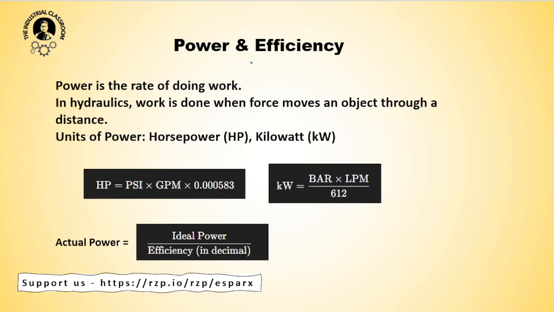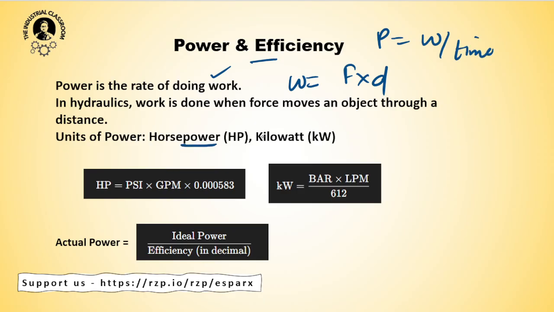Next, power and efficiency. Power is the rate of doing work. We have studied this in mechanics. In hydraulics, work is done when a force moves an object through a distance. We have learned that work is equal to F into D. So power is equal to work upon time. The units of power are horsepower and kilowatt.